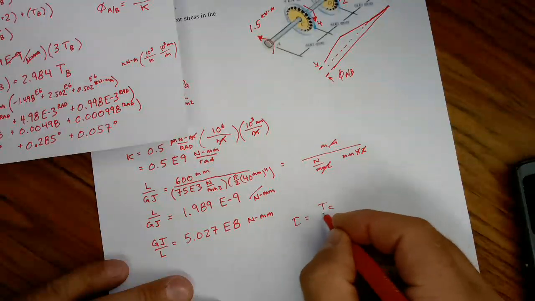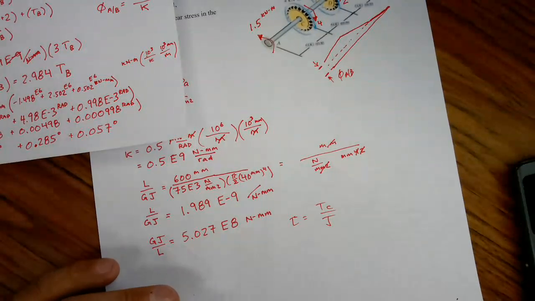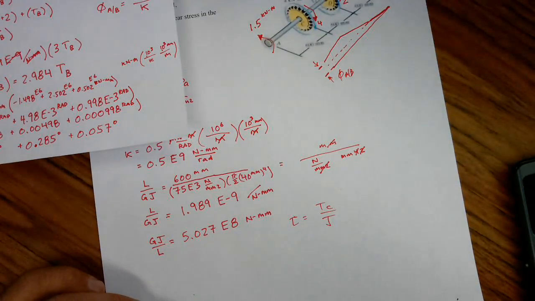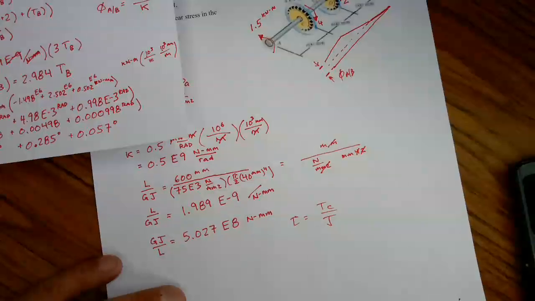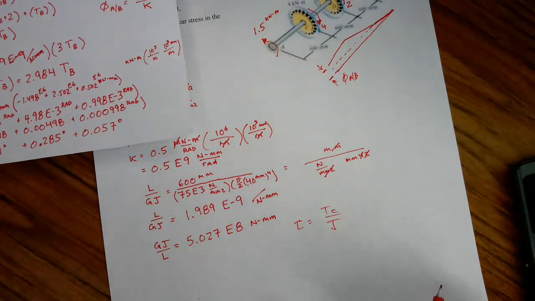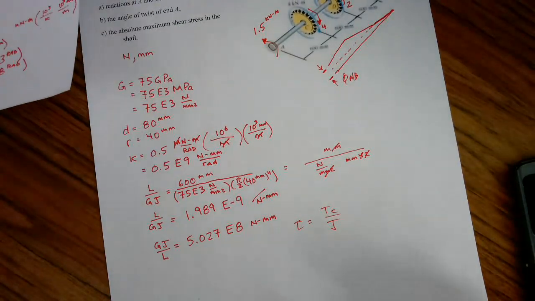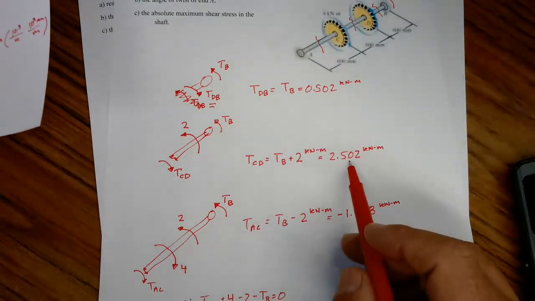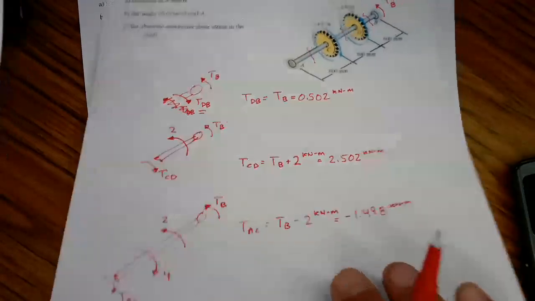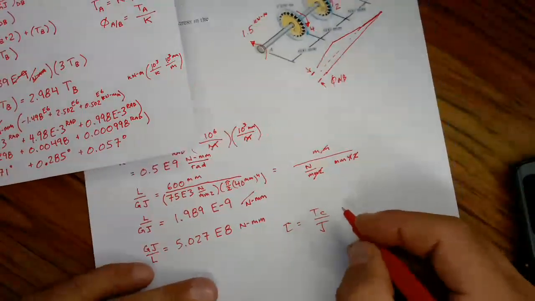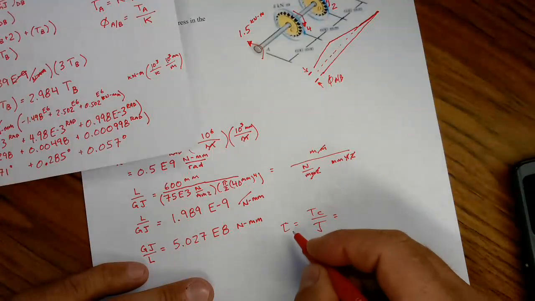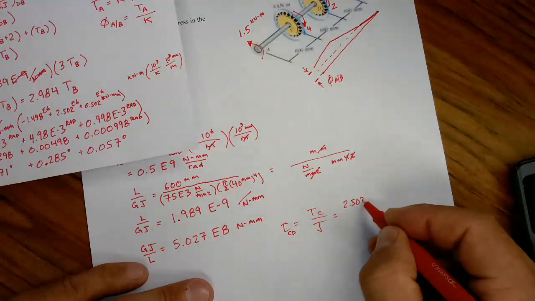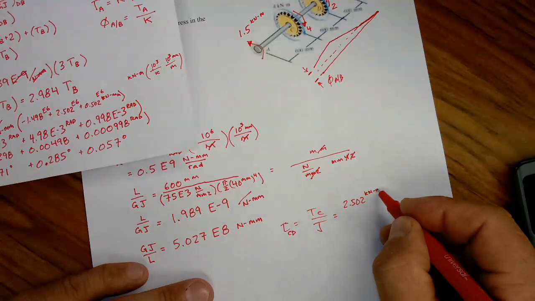Tau equals TC over J. I don't think we calculated J by itself yet. The largest internal torque is in the middle between C and D. It's 2.502 kilonewton meters.